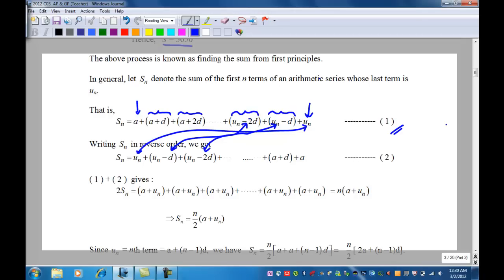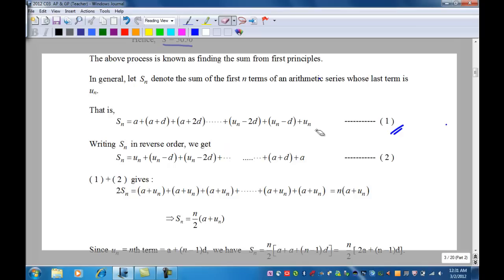Now you can also see that the a in the original first series has gone to the last term in the second series. So after writing in this manner, we will start adding the terms in the two series in pairs like this.